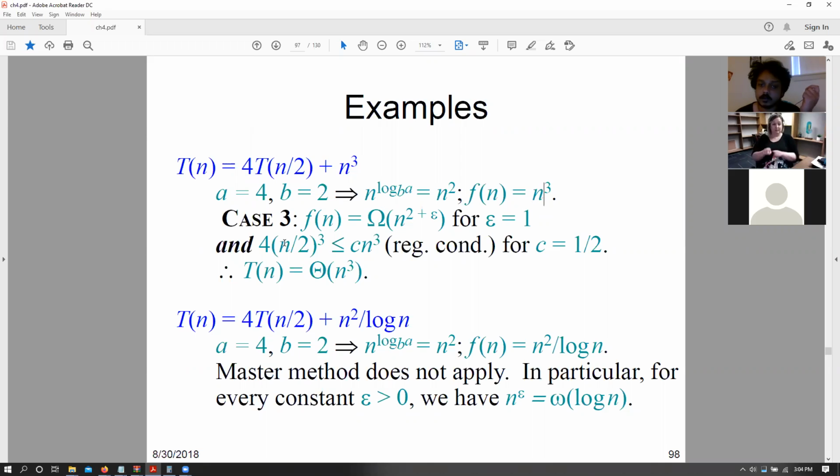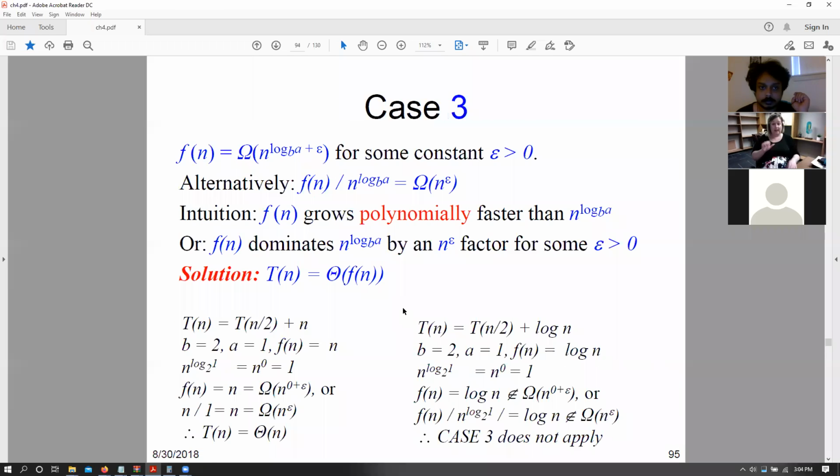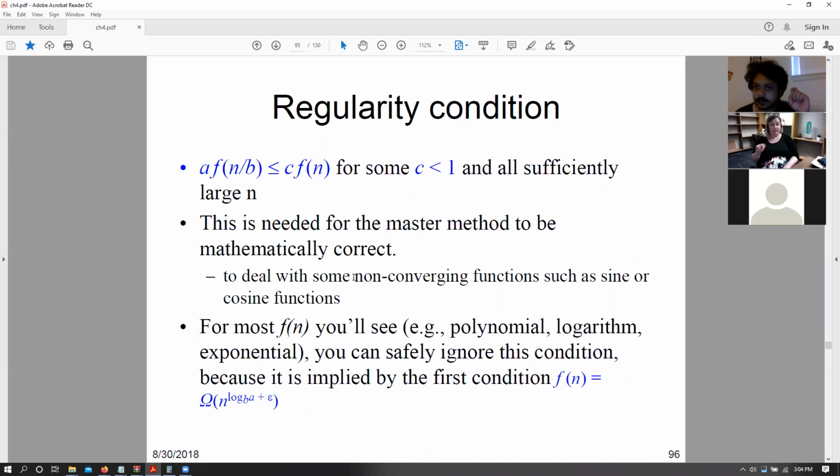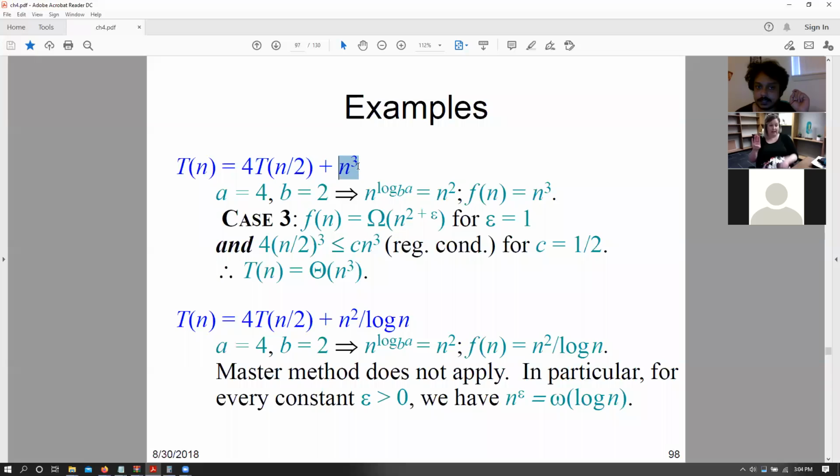The regularity condition was a times f of n by b. F of n is n cubed, so f of n by b is n by 2 cubed. So 4 times n by 2 cubed has to be less than some constant times f of n, that is n cubed.